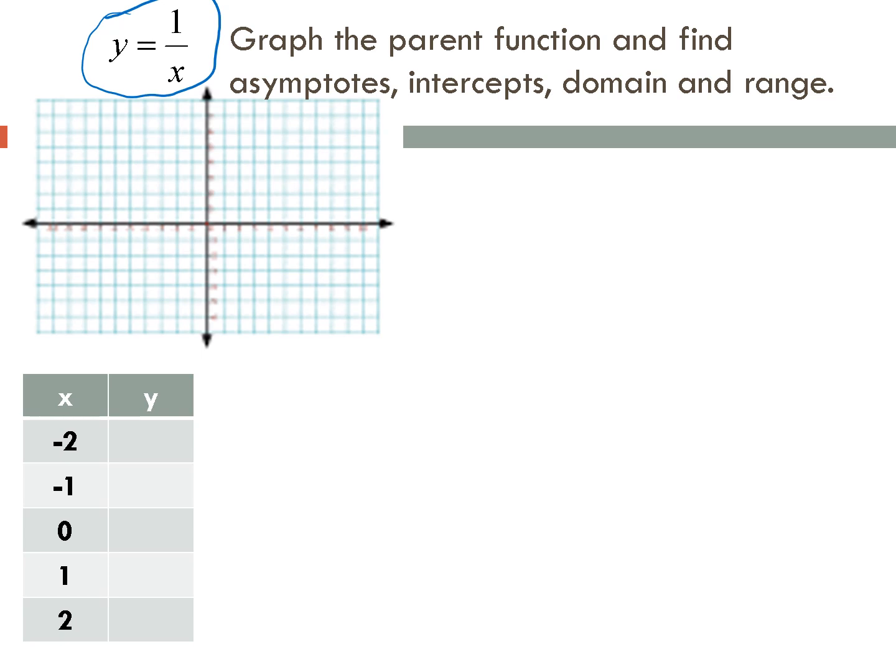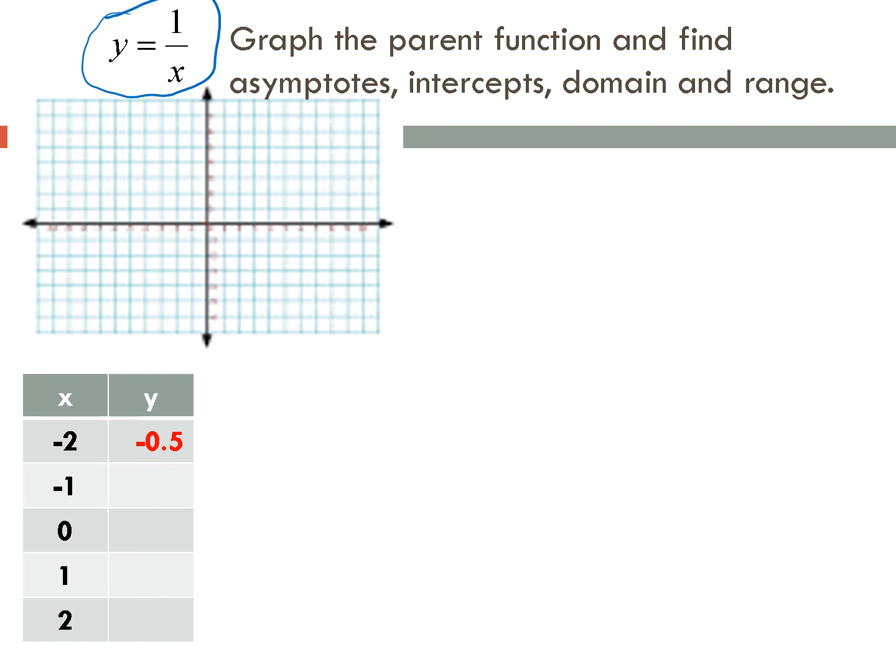I'm going to take the fab 5, and then I am going to plug each value of the fab 5 into the equation to get the corresponding y value. So 1 over negative 2 is negative 1/2. Well, negative 1/2 is really negative 0.5.